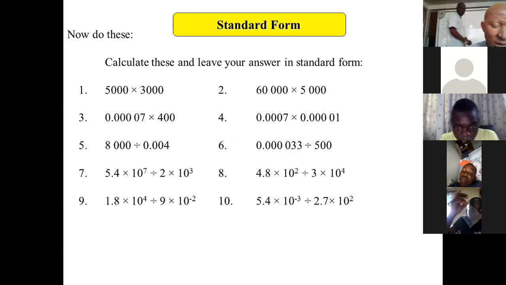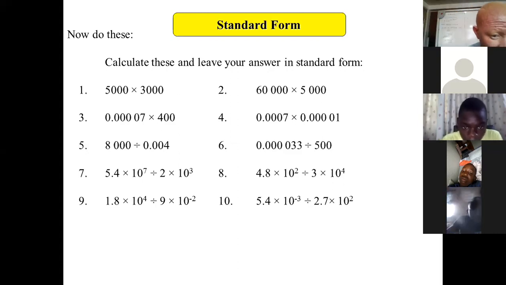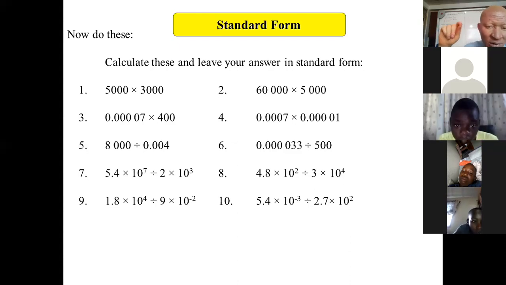Then 5 times 3 will give you 15, and 10 raised to power 3 times 10 raised to power 3 will give you 10 raised to power 6. But 15 is too much; you have to create a decimal point, which means your power of 10 will increase by 1. So what you are going to have is 1.5 times 10 raised to power 7.